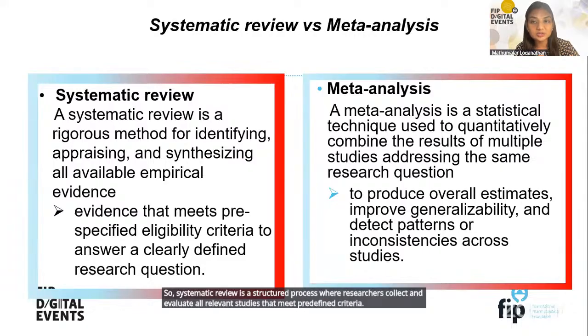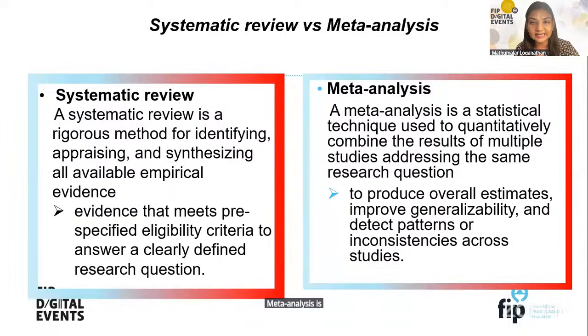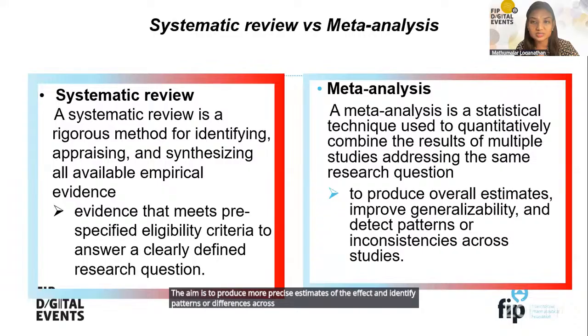The purpose is to answer a clear research question in a comprehensive and unbiased way. Meta-analysis is a statistical technique that combines numerical data from multiple studies. The aim is to produce more precise estimates of the effect and identify patterns or differences across studies.